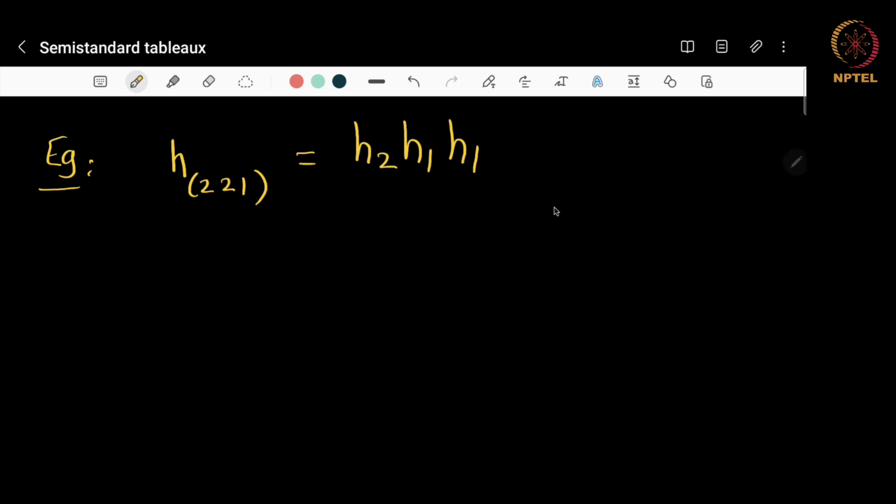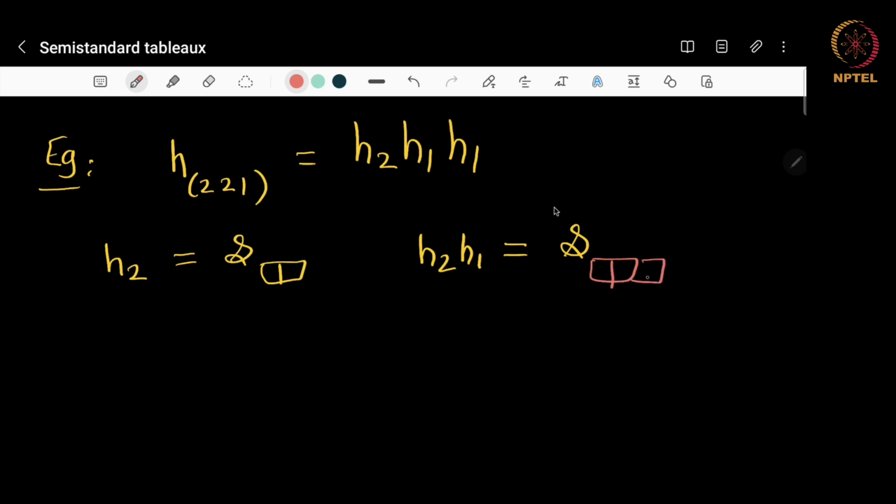So what am I supposed to do? When I first do h2, remember it is just s2. Now when I multiply this by h1, Pieri's rule tells me I first take this, to which I attach a single box either here or here.